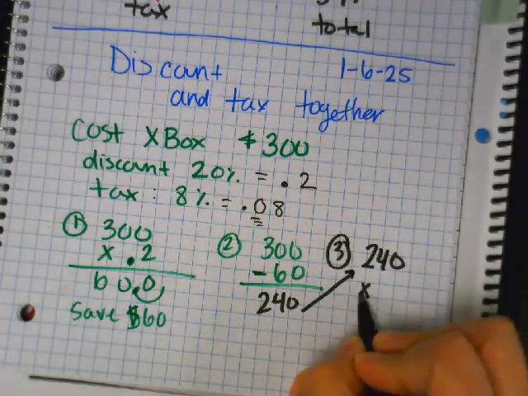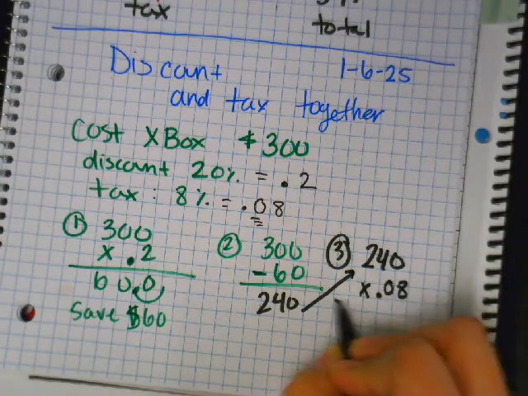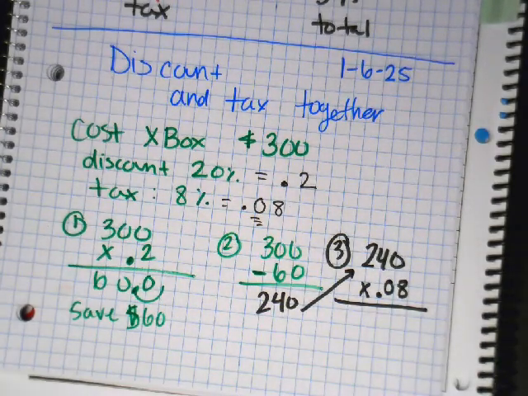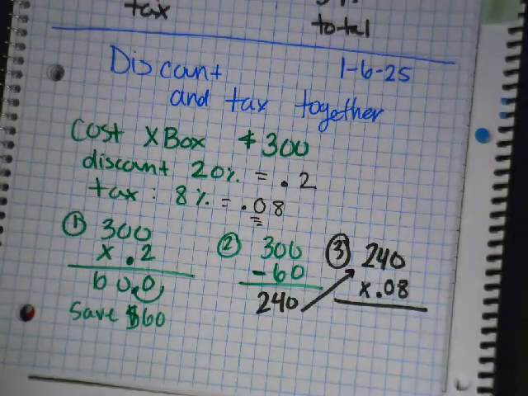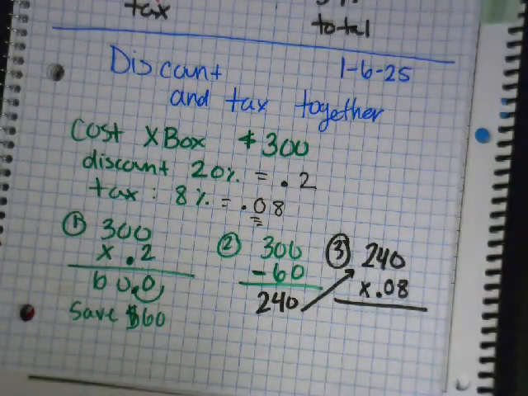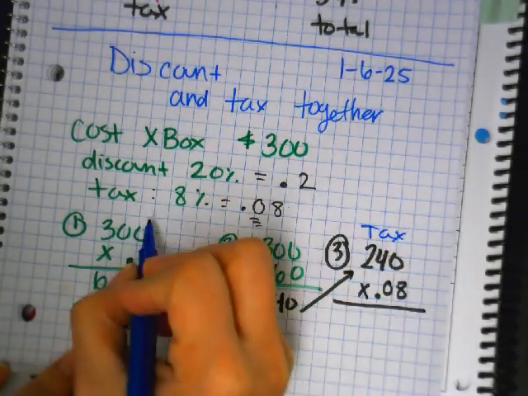We're going to multiply it by what? 0.08. So this would be your tax, and this is your discount.